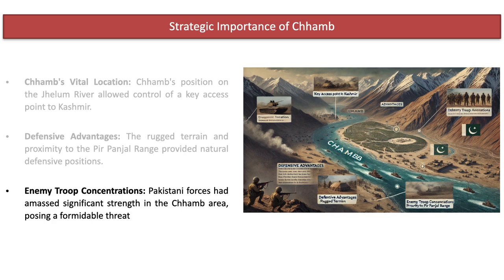They were not only well prepared but also well supplied, making their fortifications even more robust. And this concentration of enemy forces in Cham created a significant challenge for the Indian Army, turning every advance into a fierce battle.